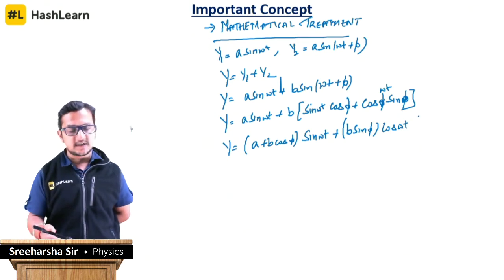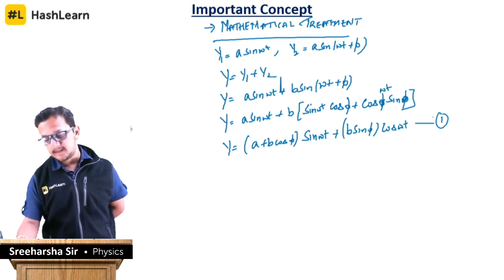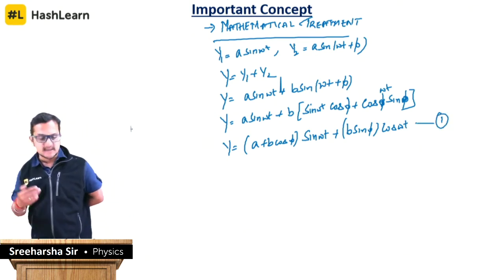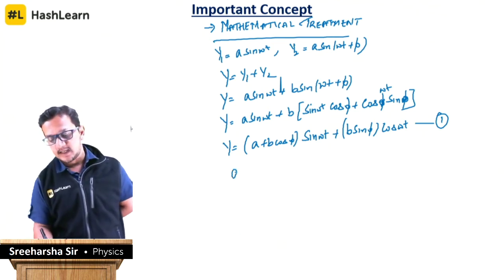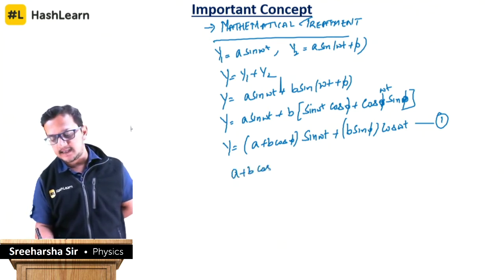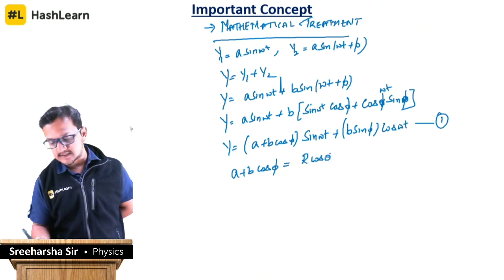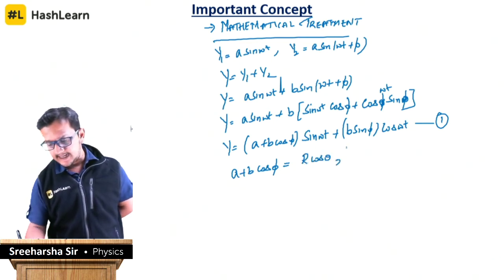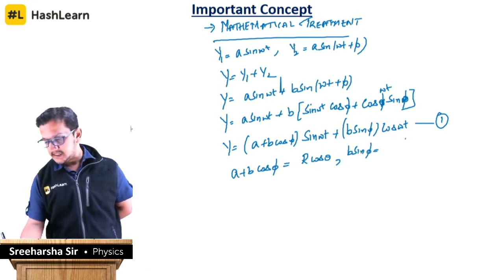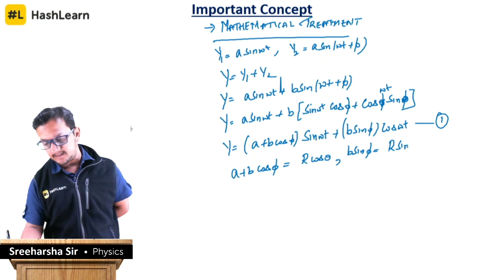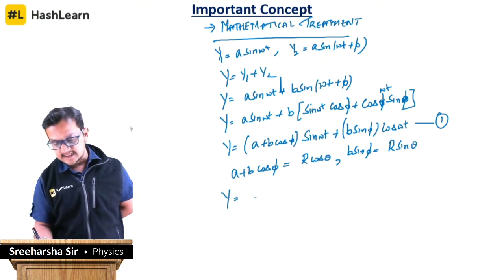In the simplest form it can be written, and I'll make a small assumption here: let a plus b cos phi be equal to r cos theta, and b sin phi is represented as r sin theta.